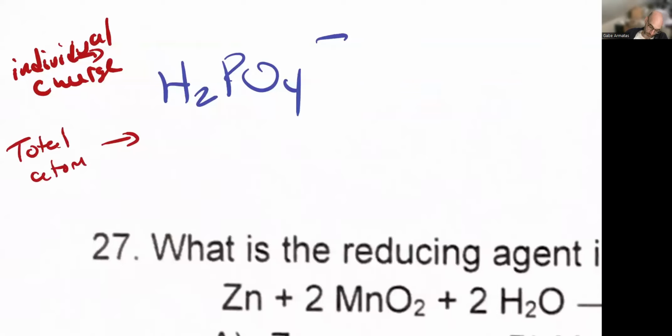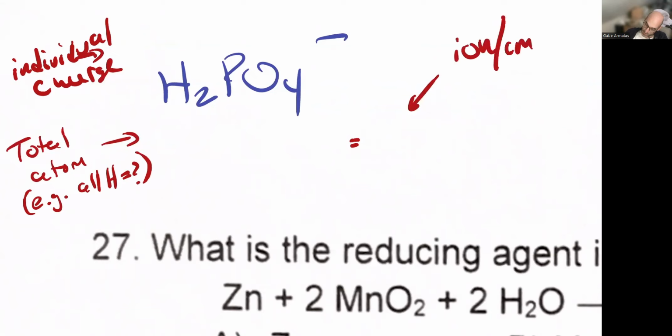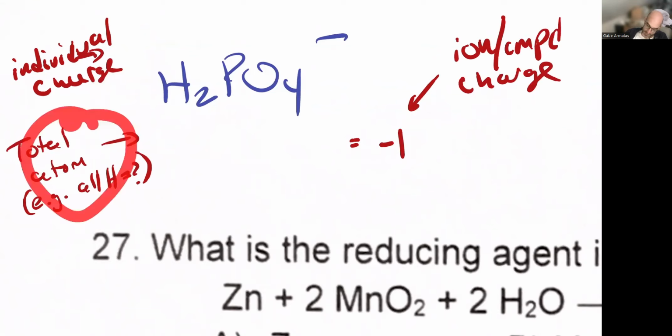So as an example, like all of the hydrogen, right? And then over here, this whole thing is the compound charge or ion charge. In this case, whatever all of the atoms are has got to equal what the total ion charge is. So we'll know all but one.